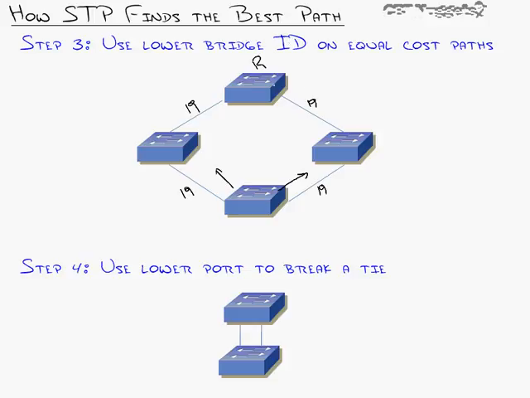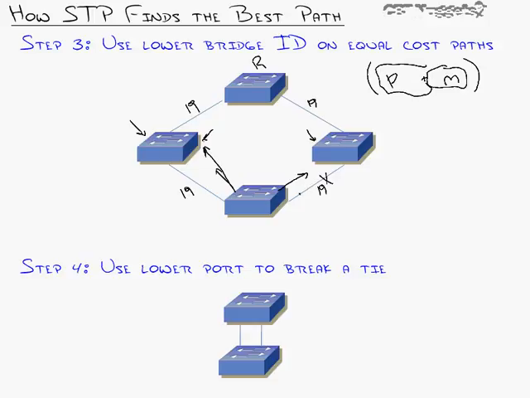The bridge ID is that combination of the priority plus the MAC address. Remember the 2 fields in that packet that I was showing you before? Priority plus the MAC address, that is known as the bridge ID. So it's going to look and say, okay, do you have the lower bridge ID or do you? And this one says, I do. If that happens to have the lower MAC address or priority, it's going to say, well, then you are my preferred path to get there. This will end up being the blocked link.